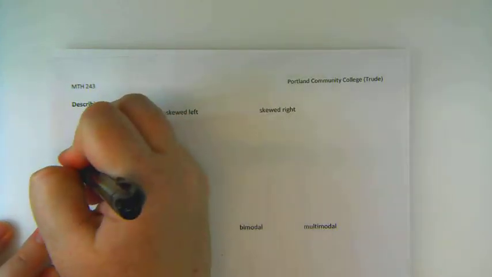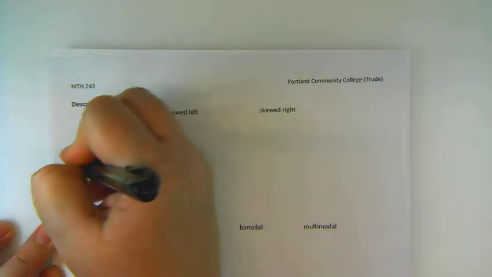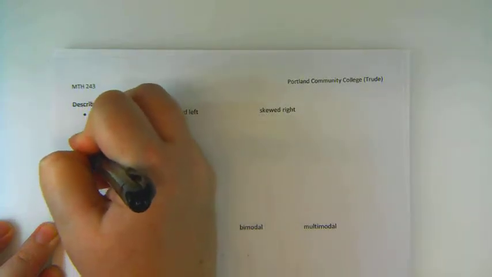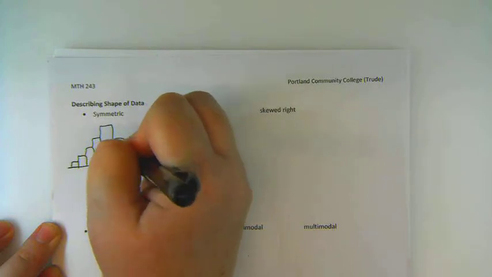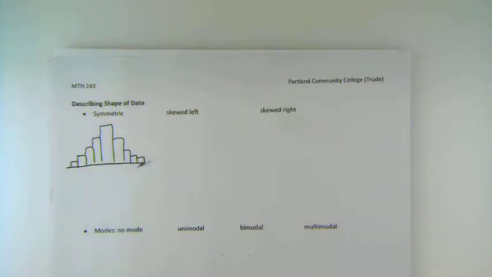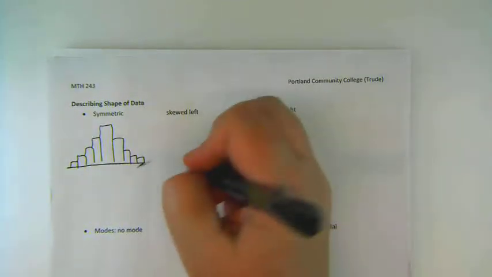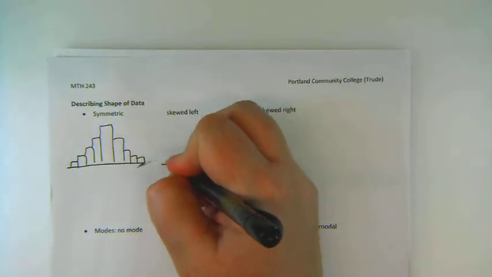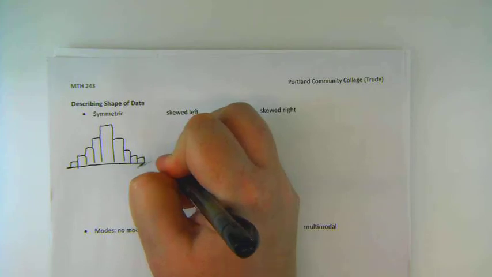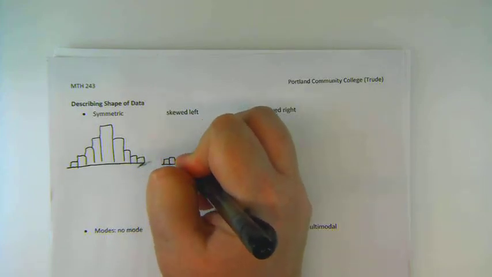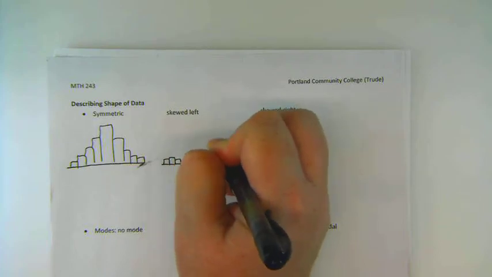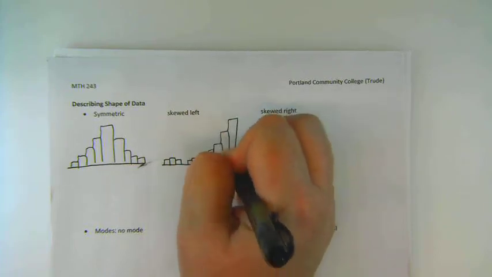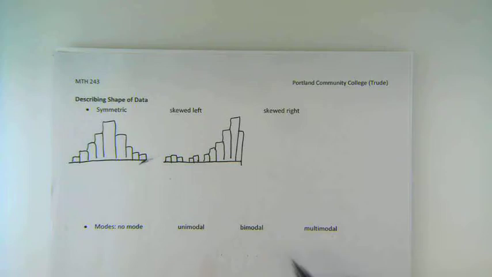So we can have symmetric data, which if we had a histogram would mean it kind of increases to a single peak and then decreases fairly evenly. Doesn't have to be perfectly even, but should be pretty close by. Skewed left might look something like this, where we have this kind of tail of data, and maybe there's some gaps there, but then we have the majority of our data grouped to the right-hand side.